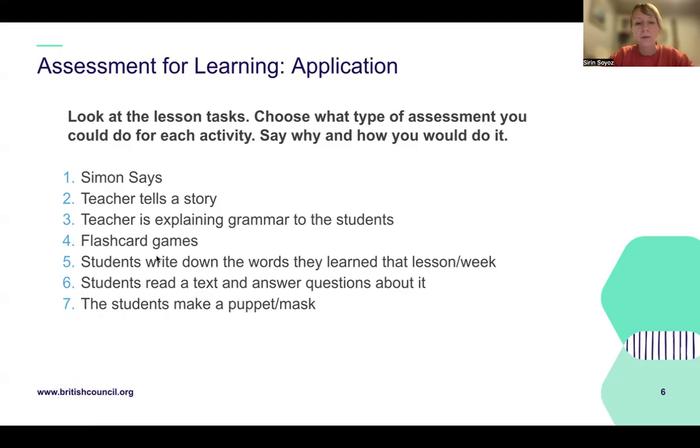What about the next one? Flashcard games. You are using flashcard games. What type of assessment can you use? I think informal assessment through participation and performance of the students.